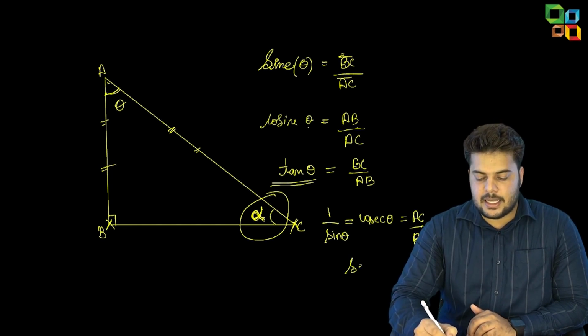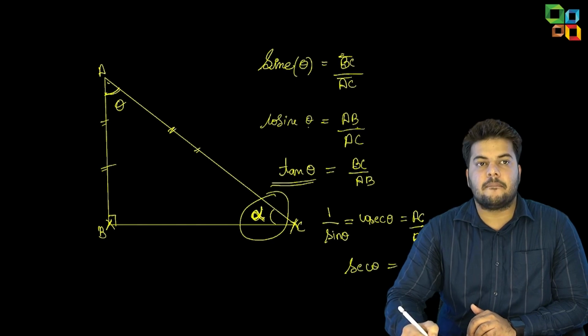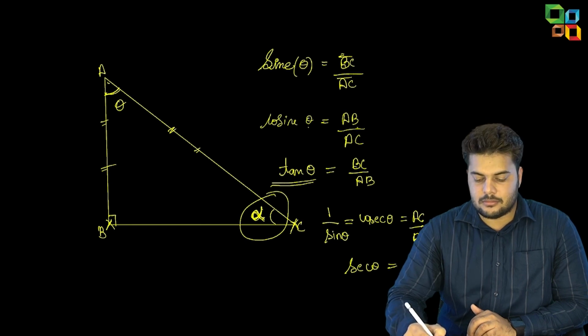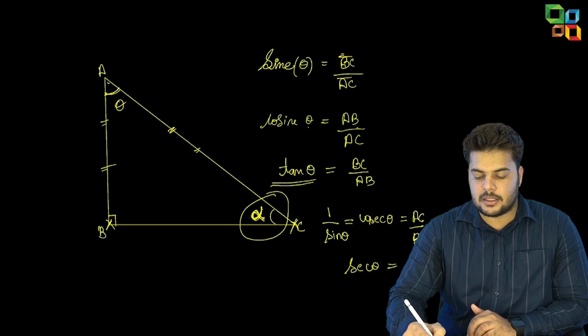Then the next ratio is secant theta. Can you guess what secant theta is? It's 1 by cos, or hypotenuse by adjacent side.